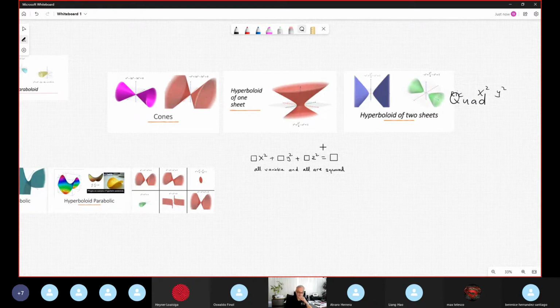Well, I suppose you remember the hyperbola from precalculus. Hyperbola is a conic section that can look like that. Okay. Conic hyperbola. Well, the equation of the hyperbola in standard form, of course, is x squared over a squared minus y squared over b squared equal 1.